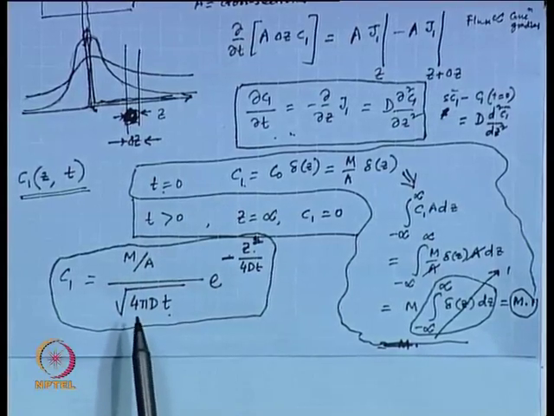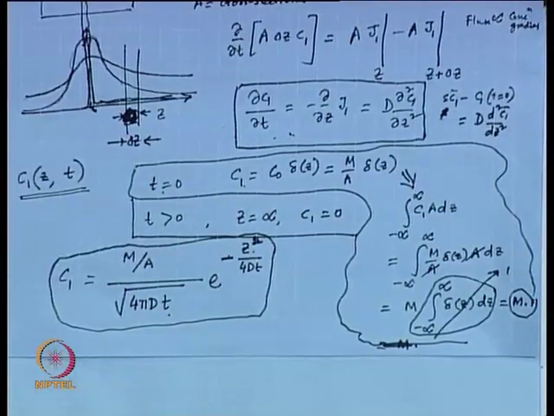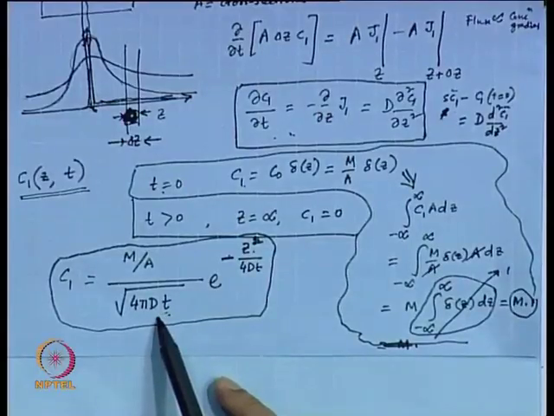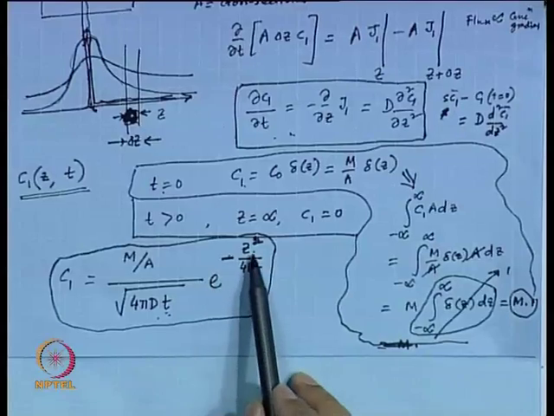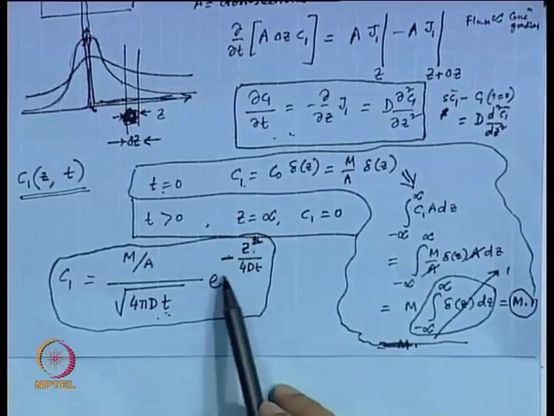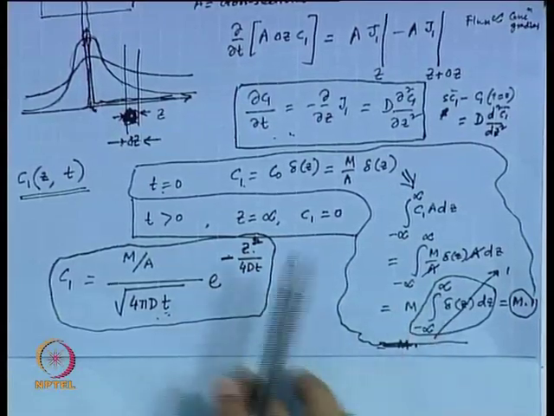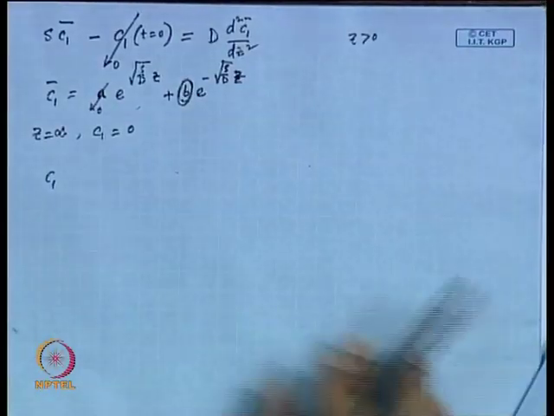You need to see that if D is more, how would the concentration profile be. So, where all D is appearing, you should have some feel for it. D is appearing here in the denominator, and D is appearing with this exponential term. These are some of the things which you can look into.